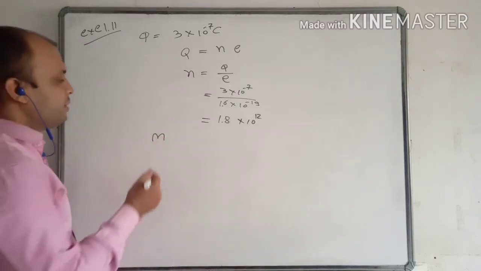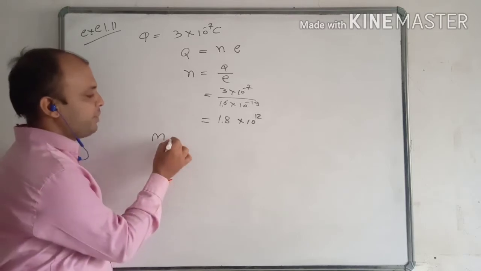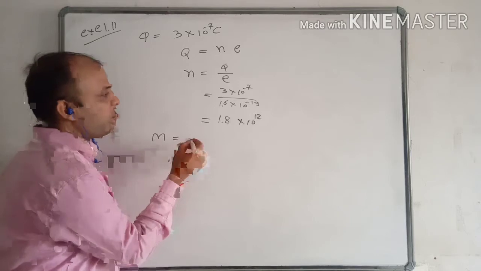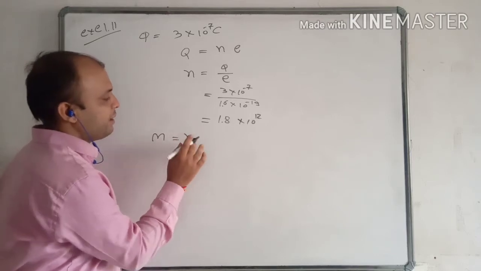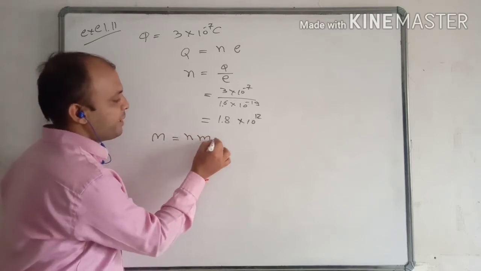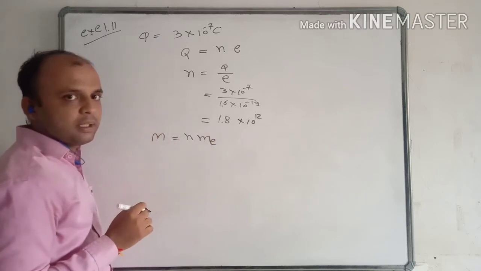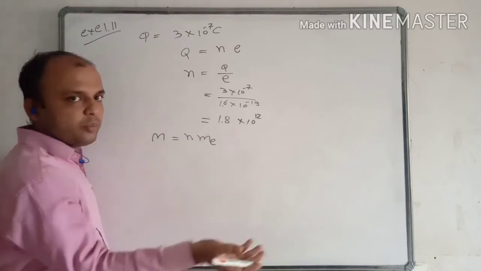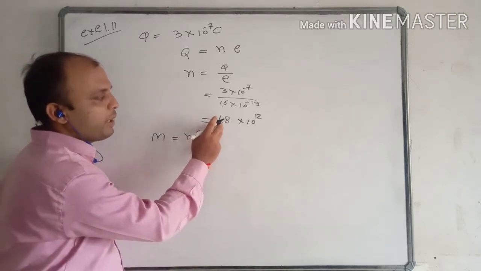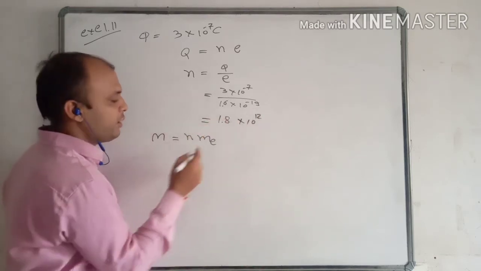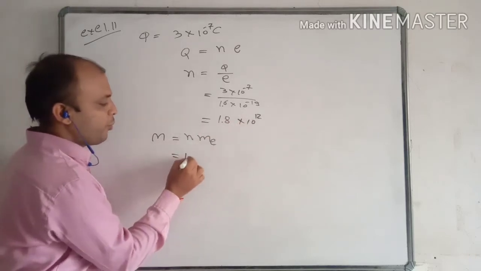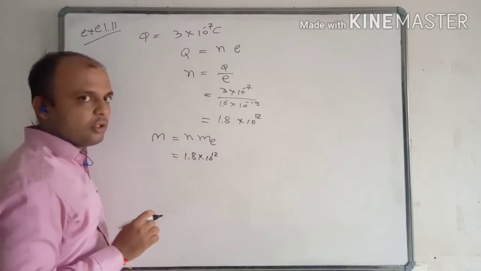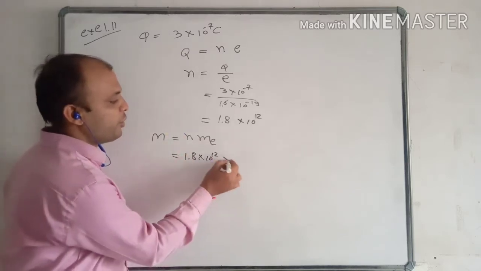So transfer of mass equals N into Me, that is the mass of an electron into the number of electrons transferred. The number of electrons transferred is 1.8 into 10 raised to 12.